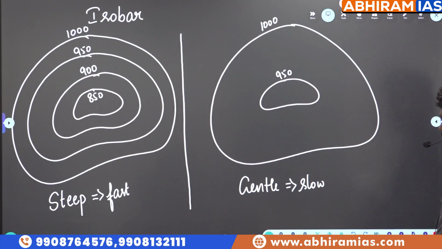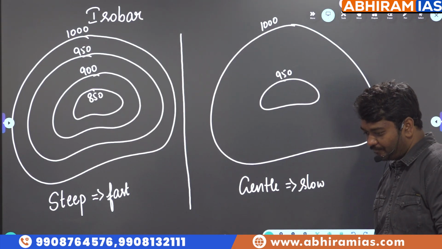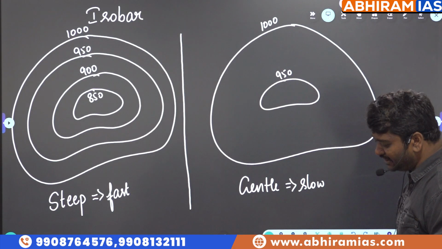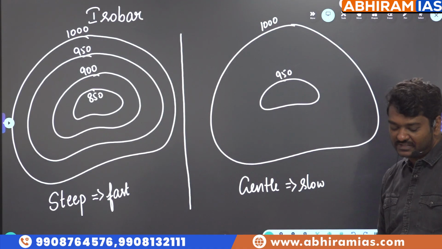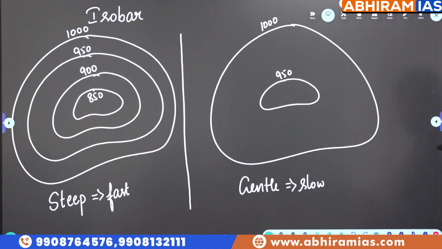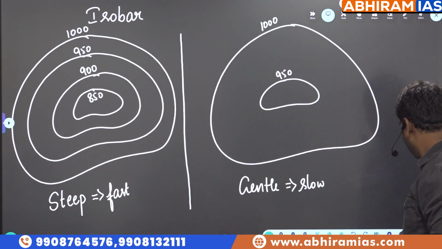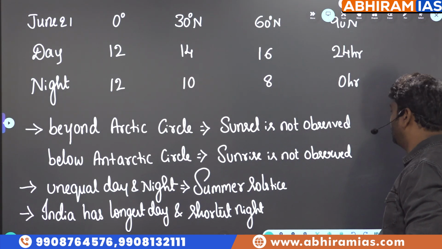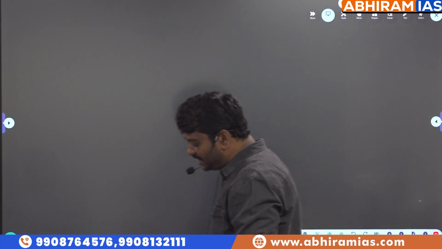Next, when isobars are distantly arranged, comma, it indicates gentle slope and wind speed is less.